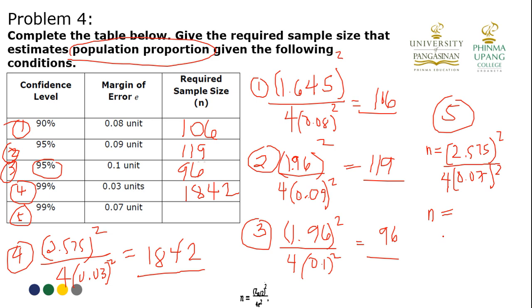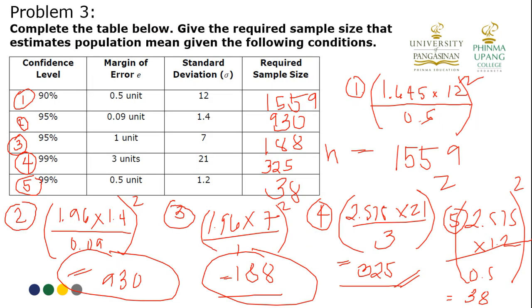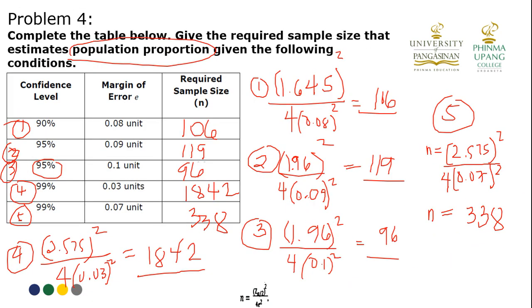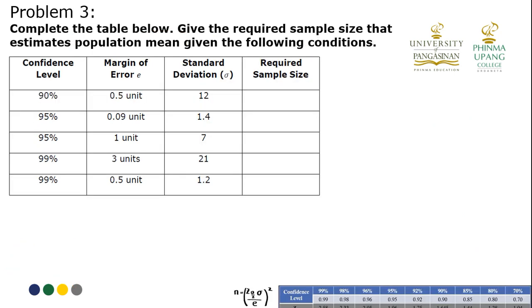What is the value of n? 338 po. 338. Alright. So these are the solutions for the estimation population proportion, estimation for population mean.